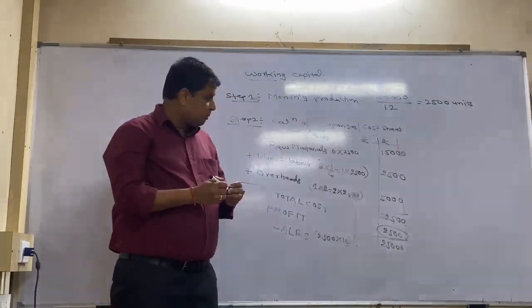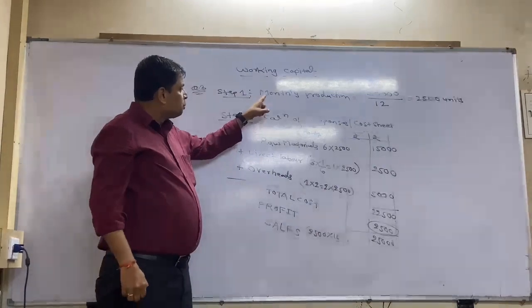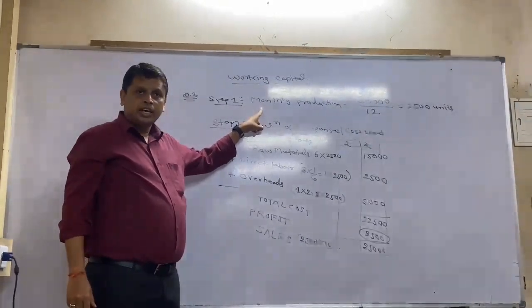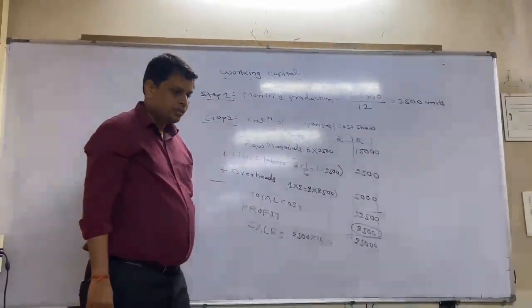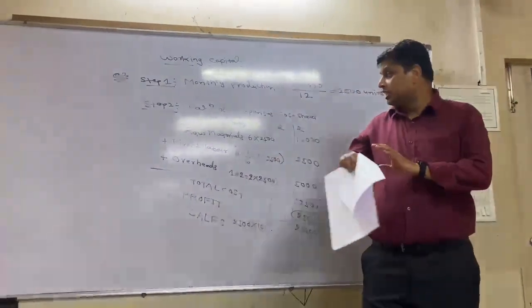So with this we have prepared the list of expenses or cost sheet. This is step number 2. So what happens? In step number 1, I prepared the monthly production, and after that I prepared a cost sheet for 2,500 units. Please complete it, then we'll go further to step number 3.